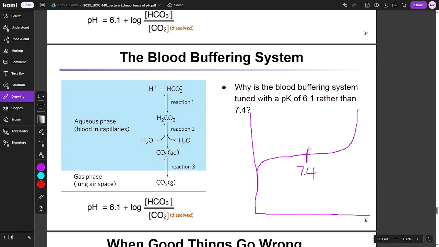That means that you'd only have half of this on either side. The body is tuned in a way where almost all of the reactions in your body produce acid, not base. They don't produce a lot of base in the body. They do sometimes, but it's not that much.